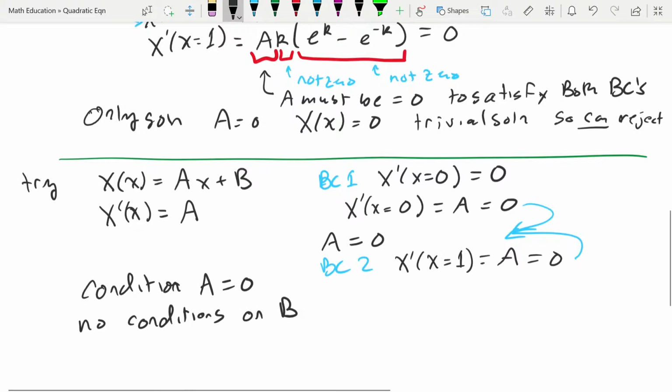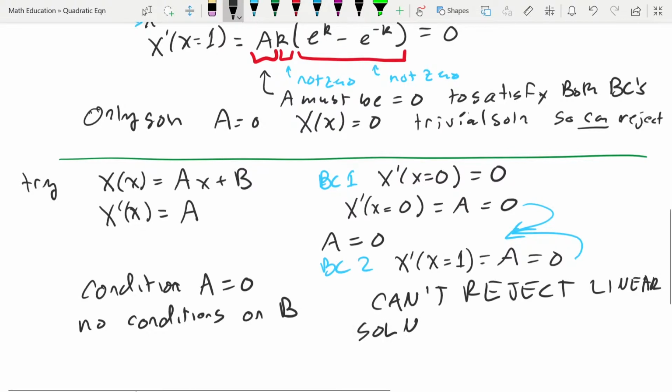Again, these boundary conditions were just stated purely in terms of the derivatives, and because they're stated in terms of the derivatives, a is going to be set to 0, but b can be anything we want. So we can't reject the linear solutions, but we can restrict it to them being constant.